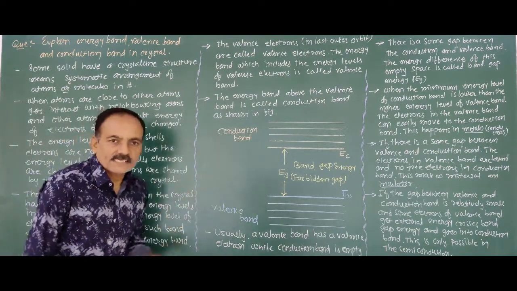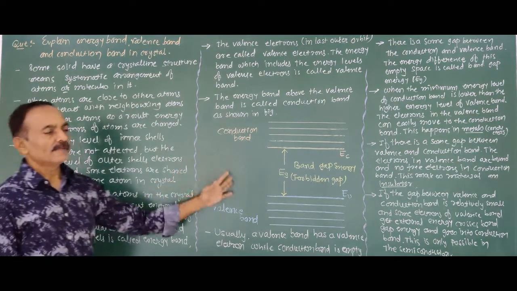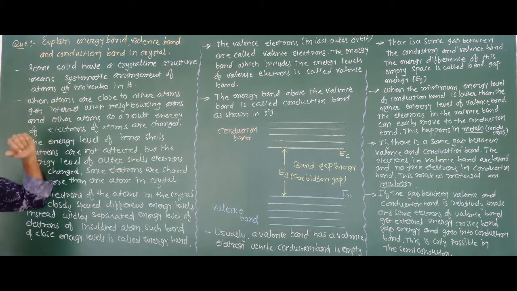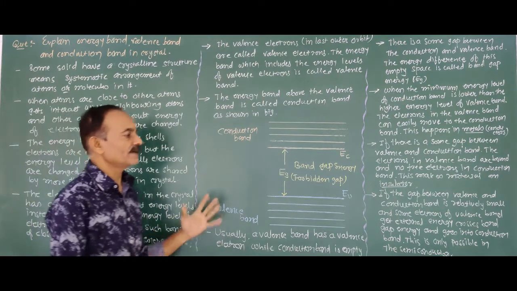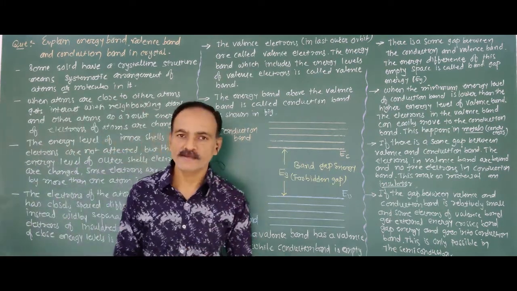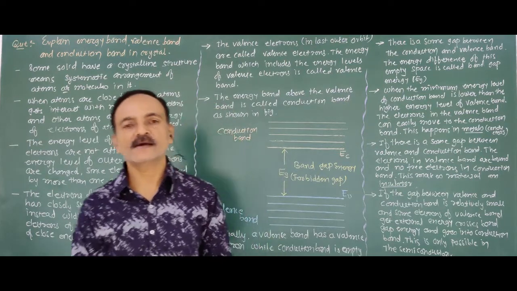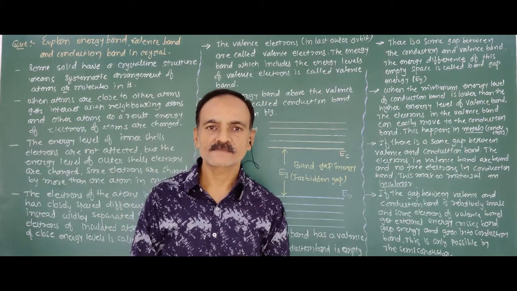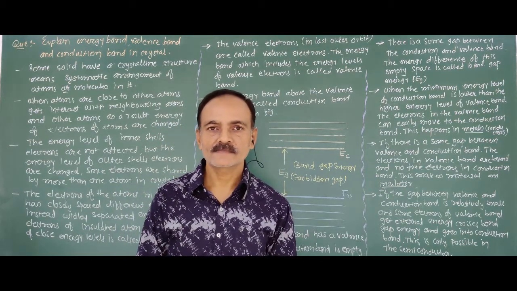The next question is about the energy diagram or the energy band structure: explain the energy band, valence band, and conduction band in a crystal. What is the necessity of learning about the energy band? Already we classified solids into conductors, insulators, and semiconductors on the basis of conductivity and resistivity.